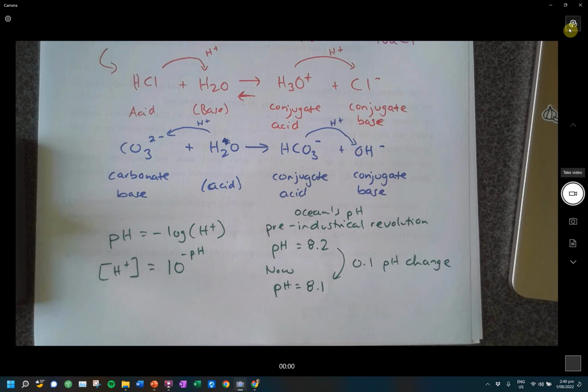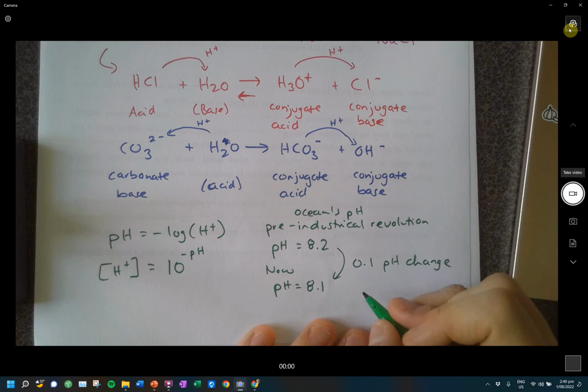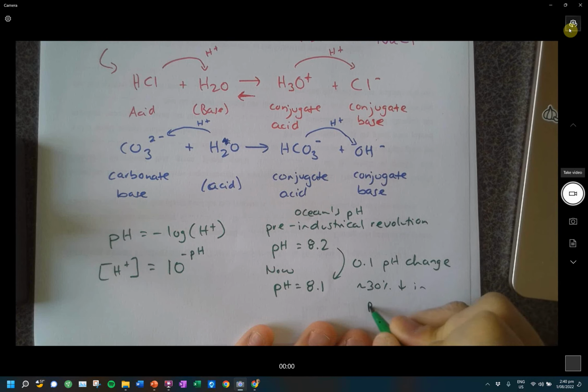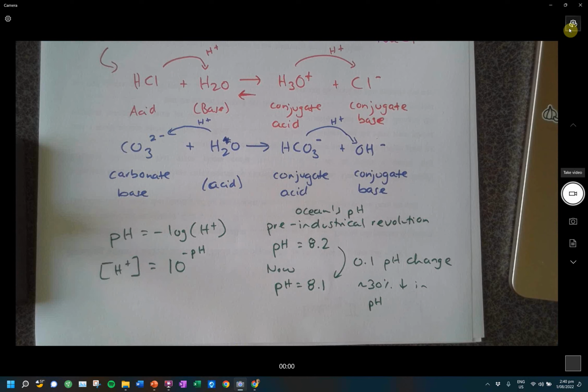Now it doesn't sound like a lot, but because we are talking about a logarithmic scale, it is a bigger number than it looks like. Roughly, when I was doing the research, it's about a 30% decrease over that time. And we're going to learn why that has happened.